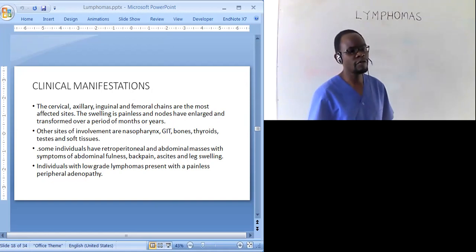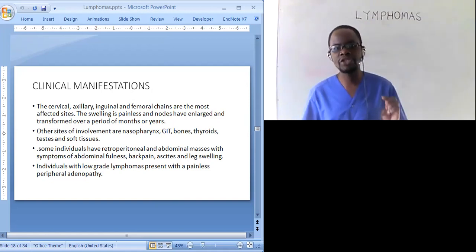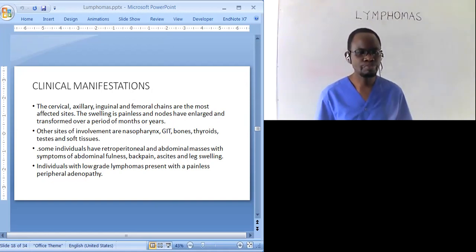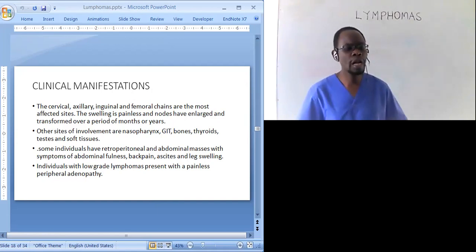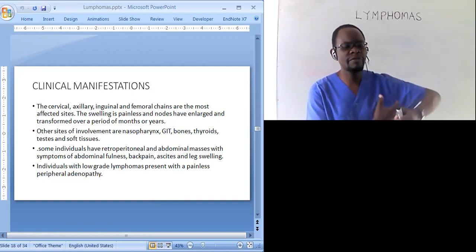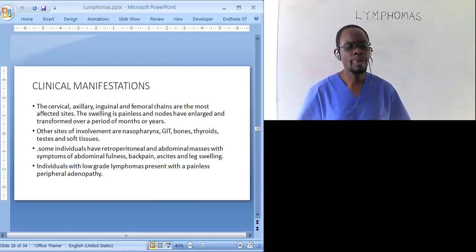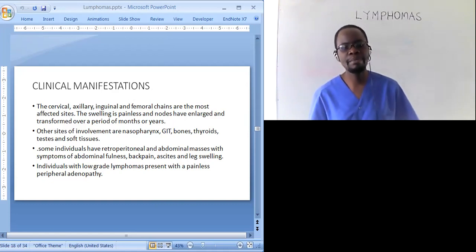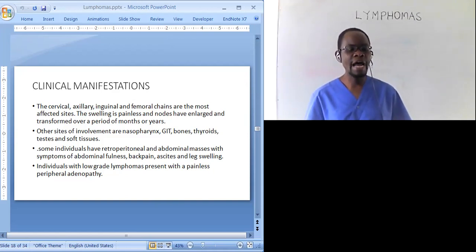Other sites of involvement, maybe the other thing I should mention here is that not all the superficial or peripheral lymphomas that you see are Hodgkin's. Some are non-Hodgkin's.